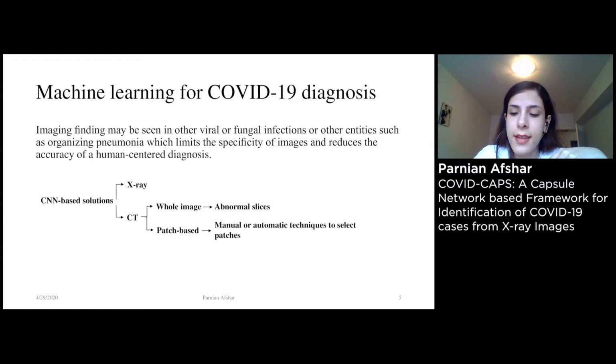But for the CT scans, as these scans are 3D, and we cannot afford to use hundreds of slices for each patient, researchers propose to either select abnormal slices automatically or manually and just use the abnormal slices as the input to the network, or they propose to use a patch-based input, which means that they manually or automatically detect infected regions, and they separate these regions as the input to the CNN-based architectures.